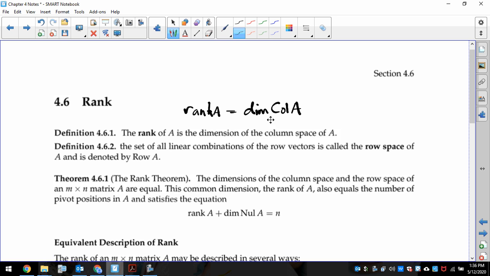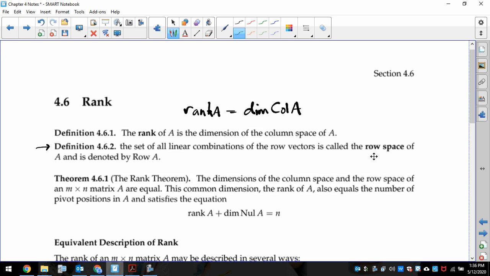Well, it's because the dimension of the column space is not the only thing that's equal to the rank. There's a lot of other things that are equal to the rank. If you look at the next definition here, it says the set of all linear combinations of the rows of a matrix.